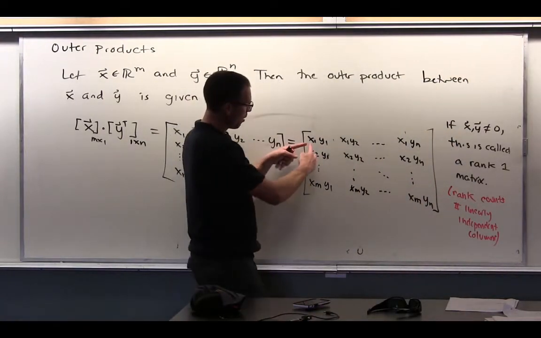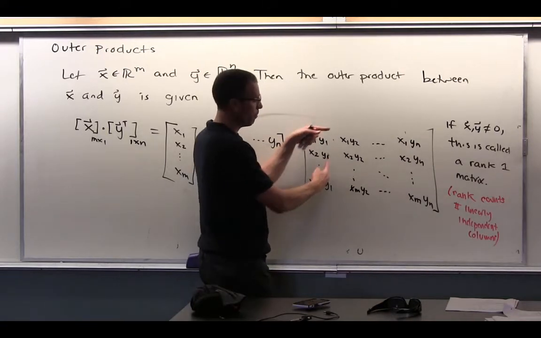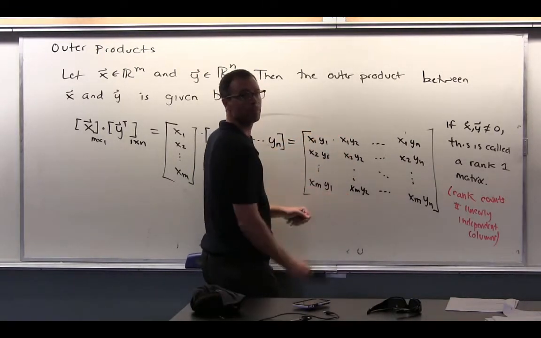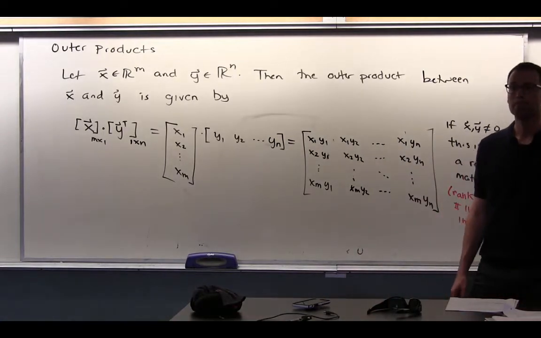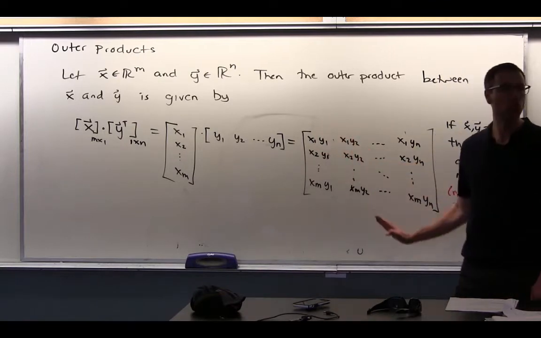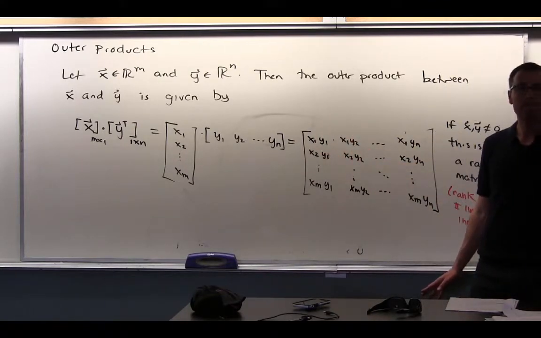What do you notice about this column and that column? Columns 1 and 2, what do you notice about them? They're linearly dependent.